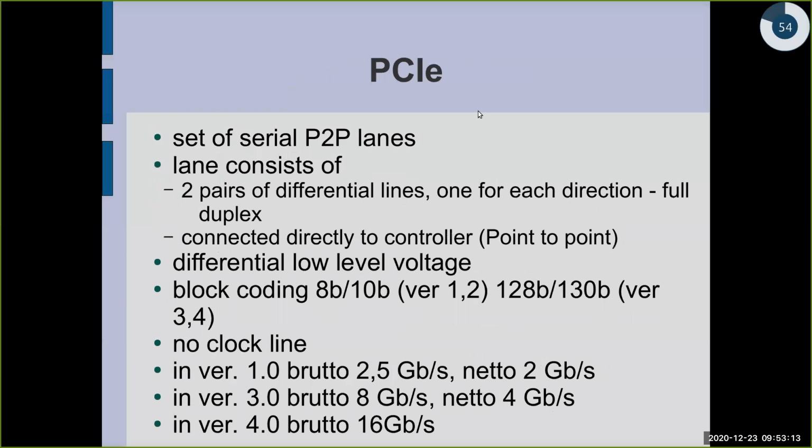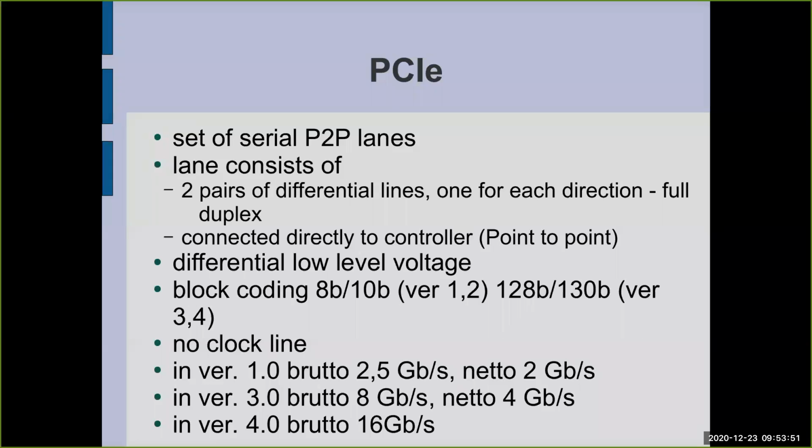We could think that PCI Express, which is the most commonly used interface now to connect, let's say, fast peripherals, is the child of PCI, but in fact PCI Express and PCI differ very significantly.